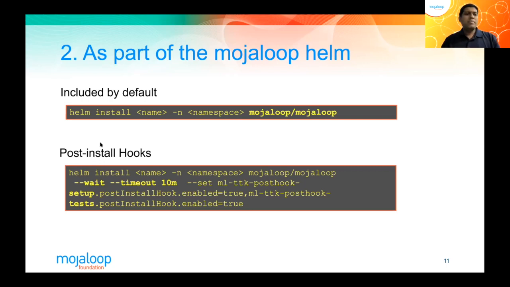And also you can specify some post-install hooks if you want to run some test suites like provisioning, onboarding or any regression tests. If you want those test suites to run automatically after the deployment, then you can use these configuration variables with the Helm install command.